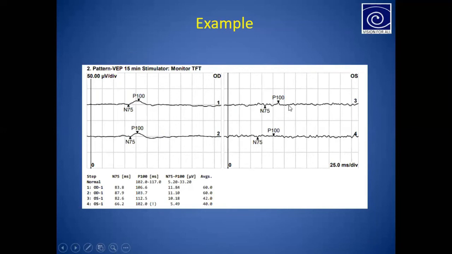This calculation happened due to artifacts or noise in the response. So we should be assured that the interpretation and report based on data given by the system is correct, and we need to see the waveform along with it.